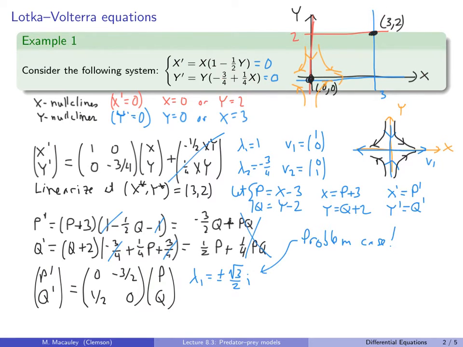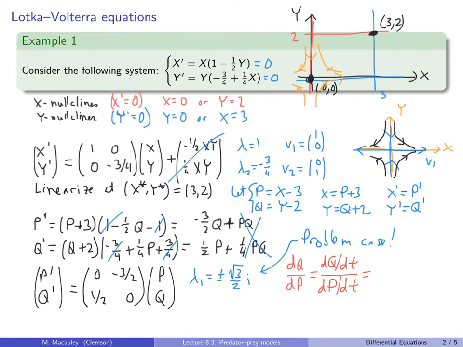So to do that, note that dq over dp, that's going to be the slope, think like dy over dx, but in the pq plane. dq dp is just q prime over p prime, which is 1/2 p over negative 3/2 q. Well, I should say that's by the chain rule, so dq dt over dp dt.